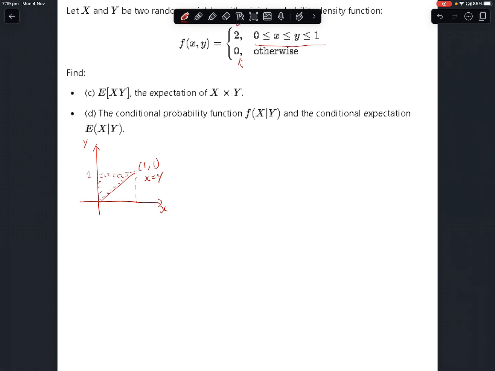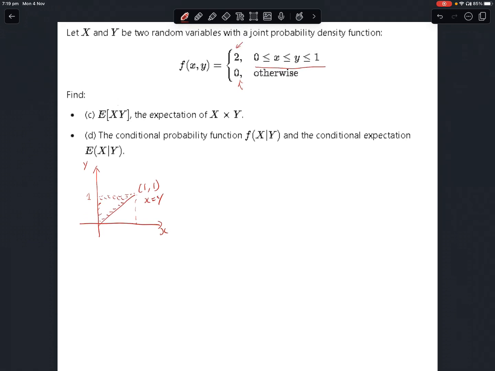So for this graph, we need to understand the meaning of the expectation E of x times y. It means we are integrating 2 times x times y, first with respect to x from 0 to y.